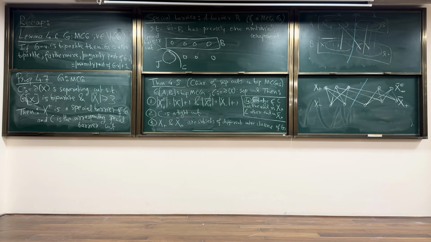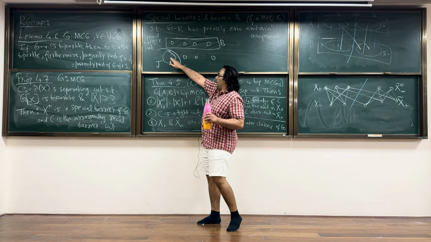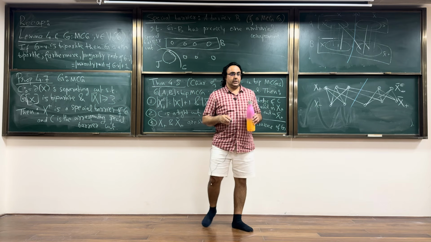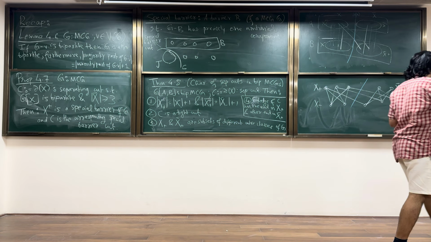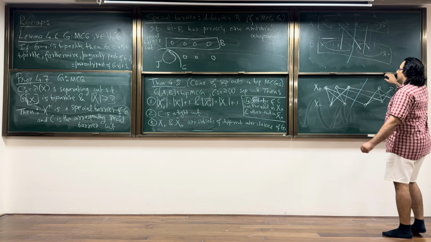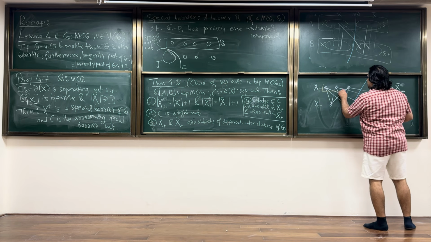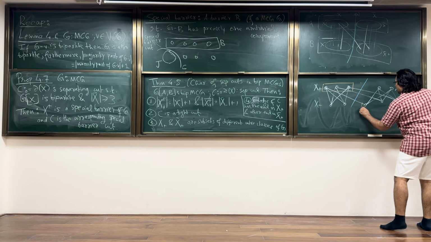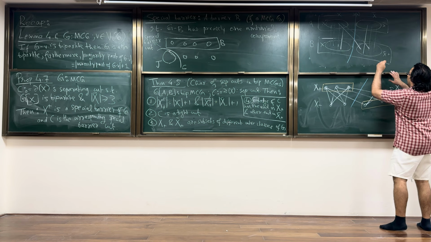Remember, a special barrier is a barrier for which you get exactly one non-trivial component in G minus the barrier, right? And in particular, what we have here is these are special barriers, both here and in the abstract drawing.